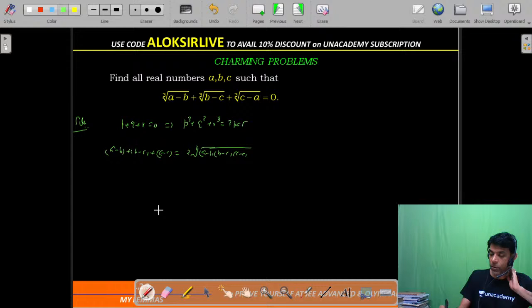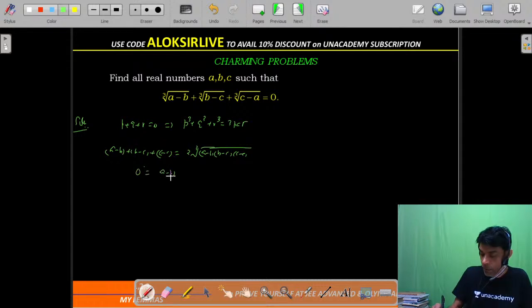So this is 0, you see this is 0, and so 0 is, you can cube it, a minus b, b minus c, c minus a. So you see it is 0 when at least 2 of them are 0, right?